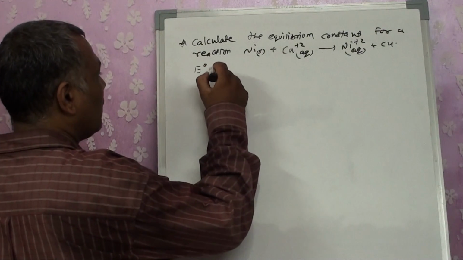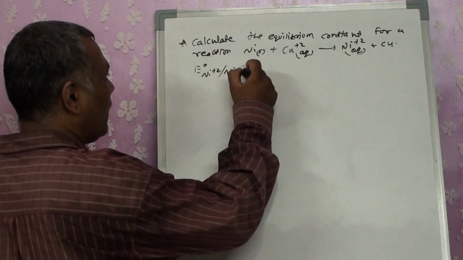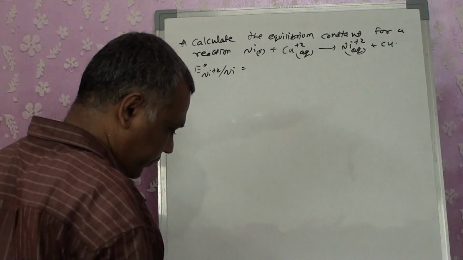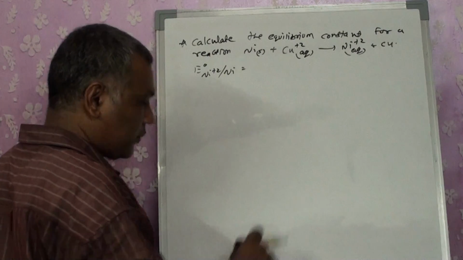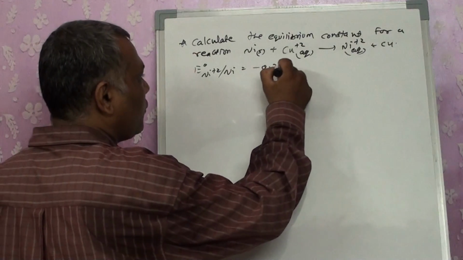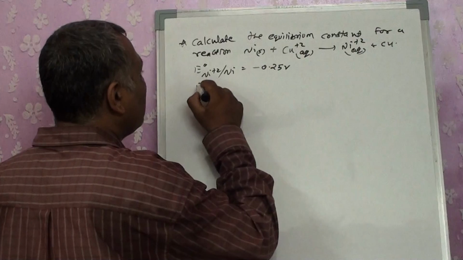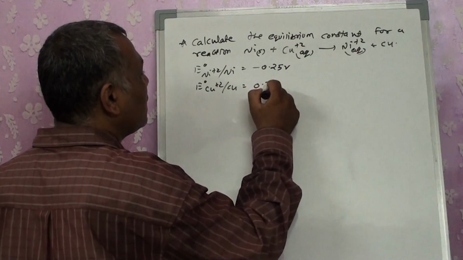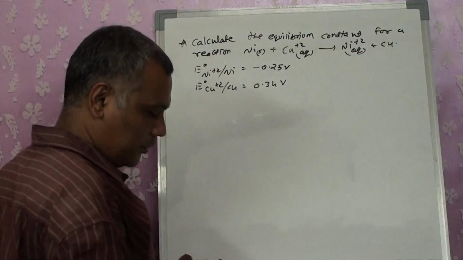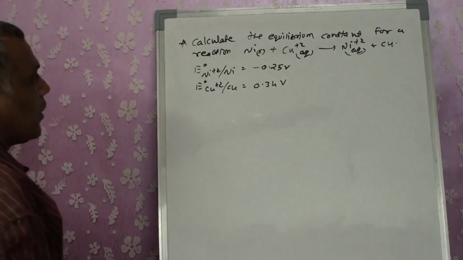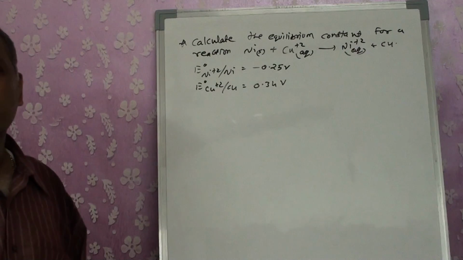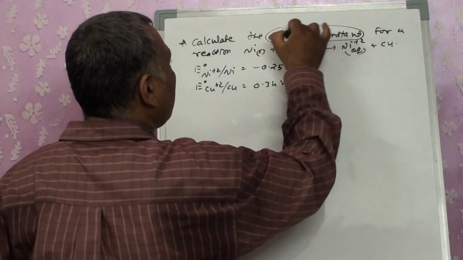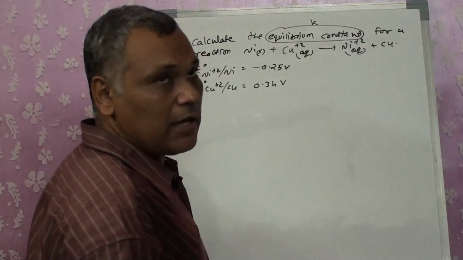E naught of Ni2+/Ni is given to us as minus 0.25 volt, and E naught of Cu2+/Cu is given to us as 0.34 volt. Now this is the given data to us. From the data, I want to calculate the equilibrium constant K.